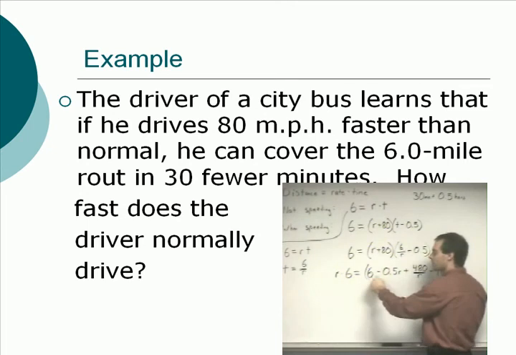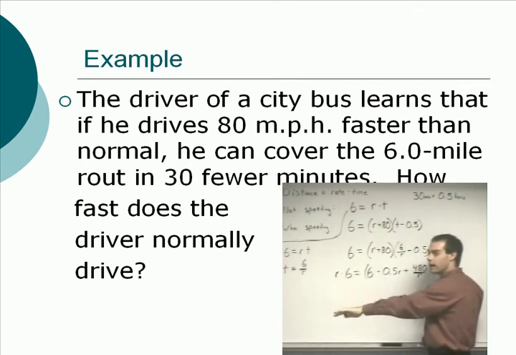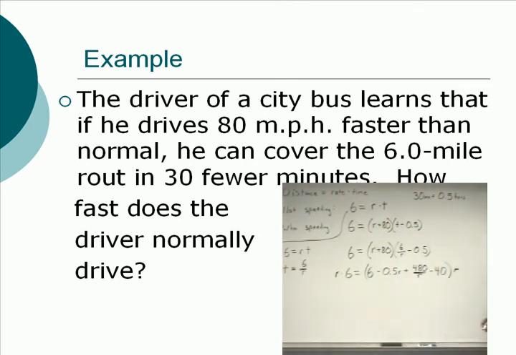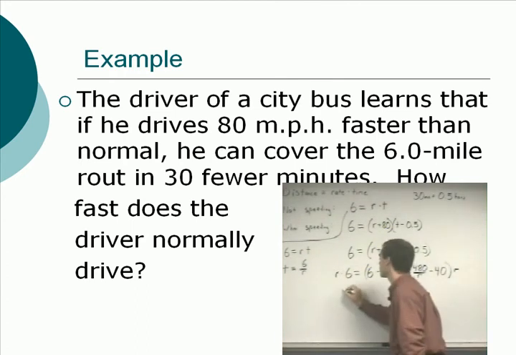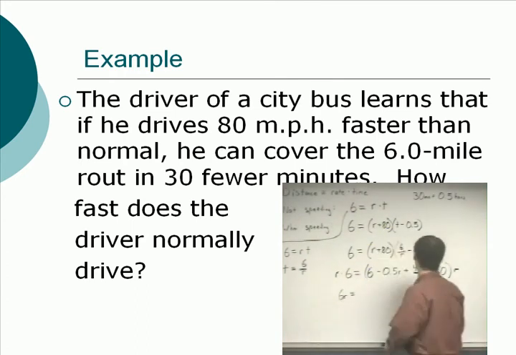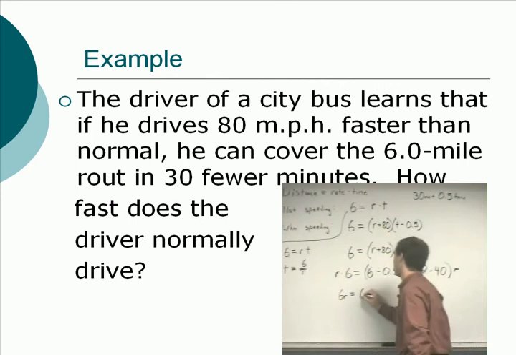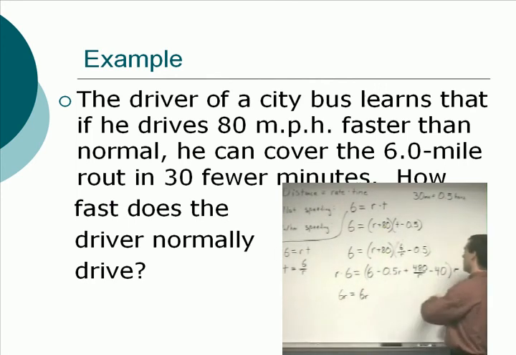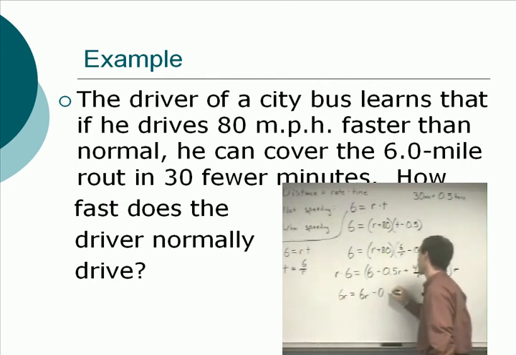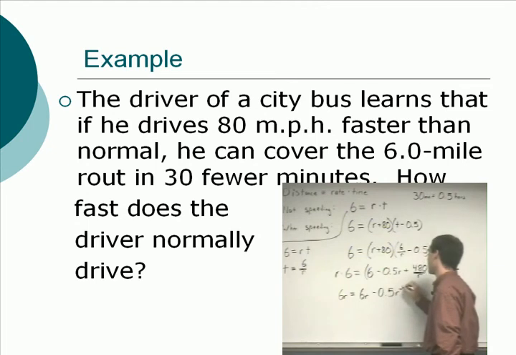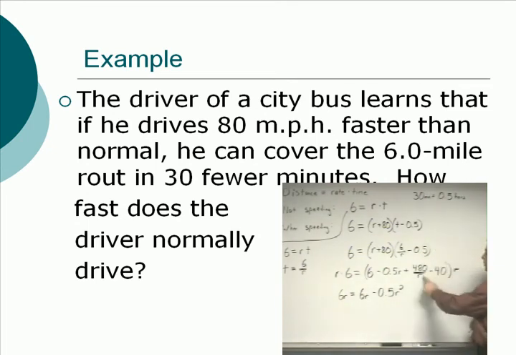We're going to have 6r and 6r in just a minute. They'll just fall right off. So we have 6r equals 6r minus 0.5r squared. This is the only one where the r cancels. Plus 480 minus 40r. There's our quadratic equation.